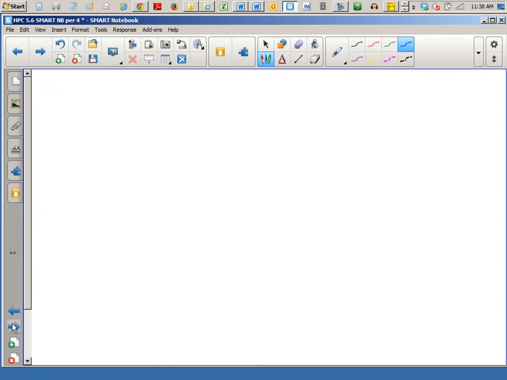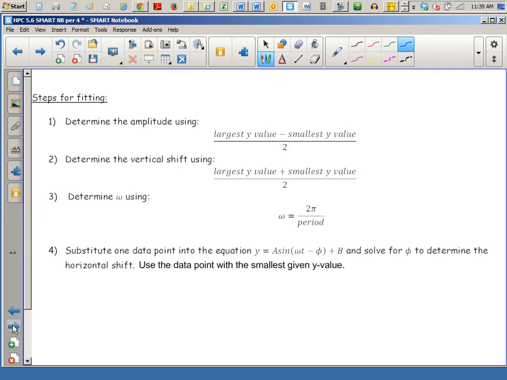So what are the rules for creating your own function in a situation? Okay, first of all, you need the amplitude. So you can get the amplitude by taking the largest output value minus the smallest output value, all divided by 2. Okay, so I want you to think of y as output, not necessarily a y value, okay?